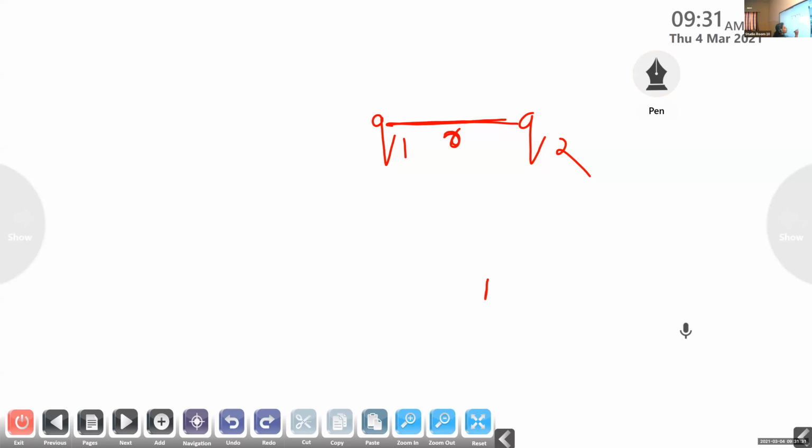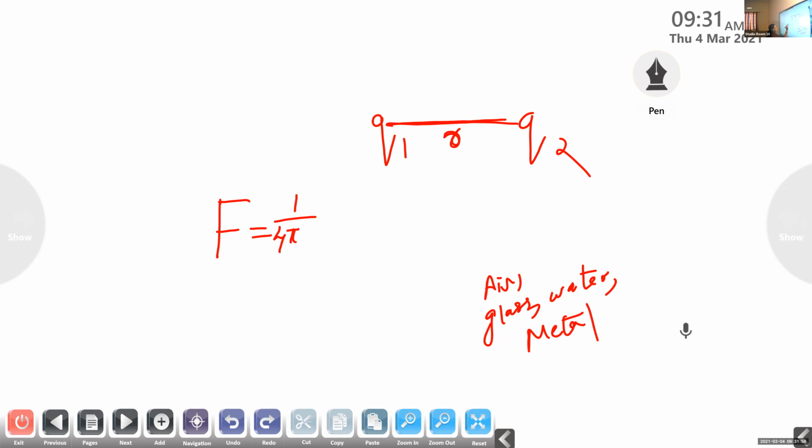It can be in the form of air or glass or water or any kind of metal. If a material medium is present between these two charges, then a slight modification arises in Coulomb's law. Then Coulomb's law becomes F is equal to 1 by 4 pi epsilon 0 epsilon R Q1 Q2 divided by R square.